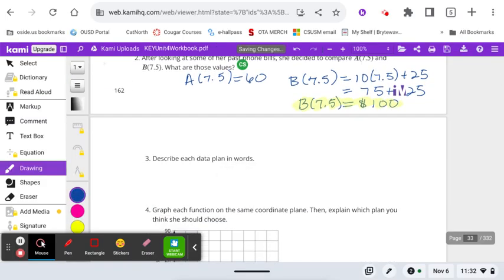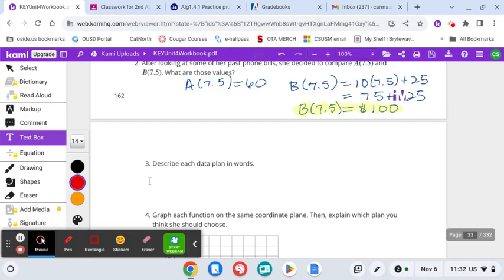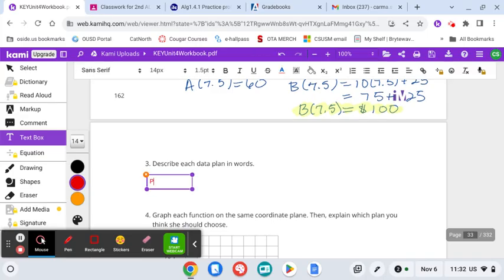Describe each data plan in words. And so this is going to be you writing out your own response. Plan A is always $60, no matter how many gigs are used.